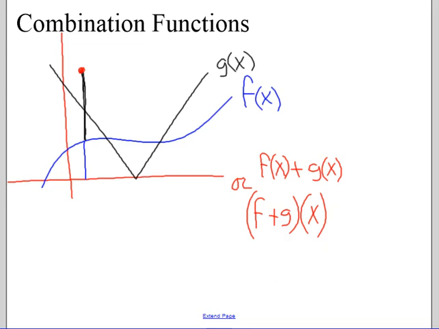And if you do that all the way across, pick another random point down here, you'll get a collection of points that is the sum of f and g.